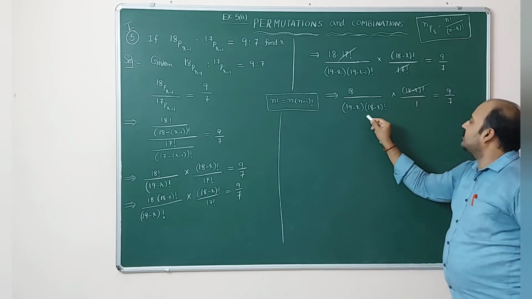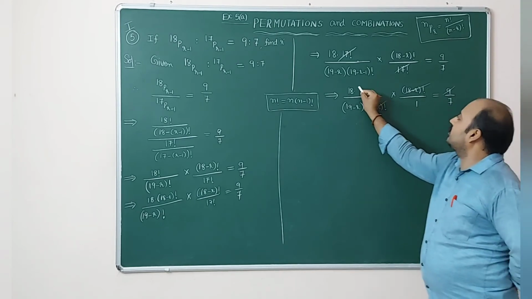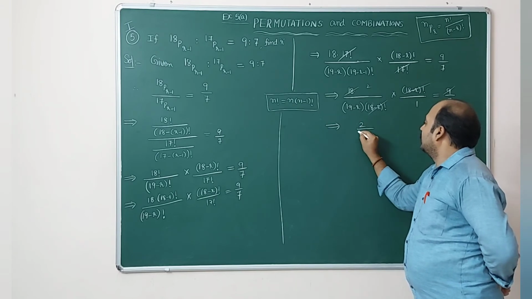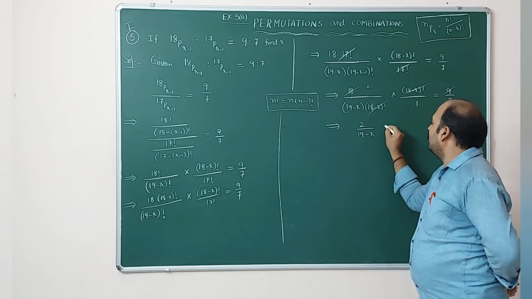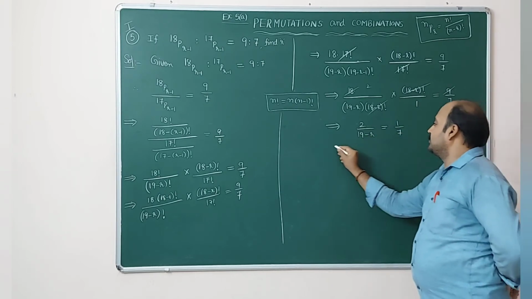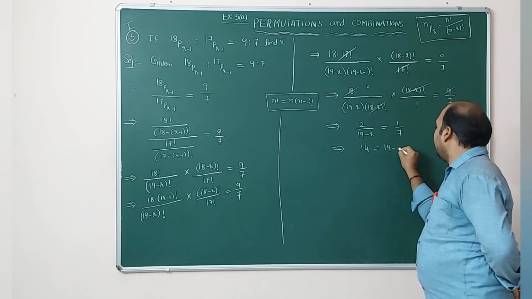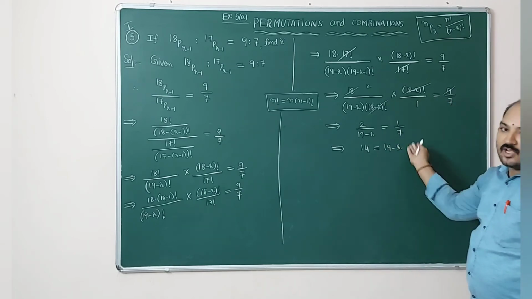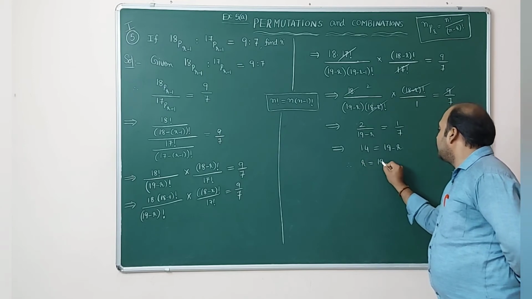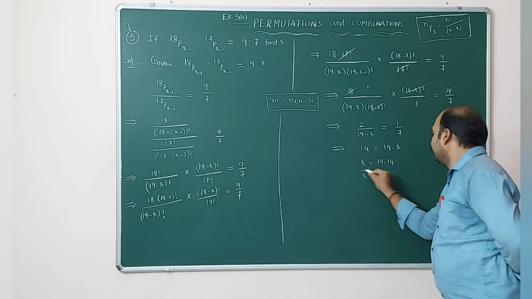So 18 minus r factorial, 18 minus r factorial cancel, 9 ones are 9, 9 twos are 18. So 2 by 19 minus r is equal to 1 by 7. Cross multiplication. 7 twos are 14 equal to 19 minus r. Minus r I am taking to the LHS. So r is equal to 19 minus 14. So r is equal to 5.